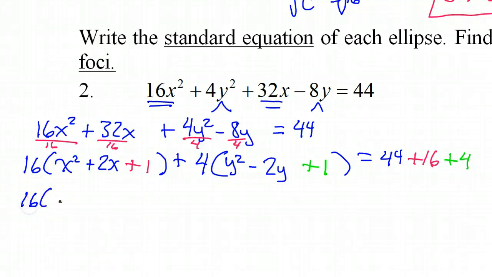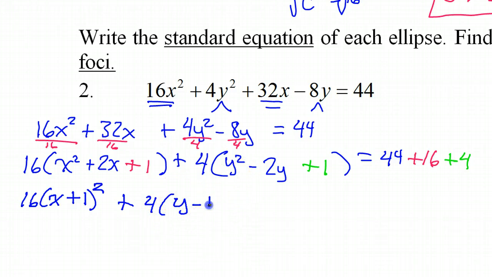Now I can go on and factor this. The point of completing the square, like we did with the 1, is that this should factor as the same thing twice. So as I begin to do it, I think, okay, this will be x plus 1 times x plus 1. But I'll just put x plus 1 squared. And here I'm thinking this would be y minus 1 times y minus 1.